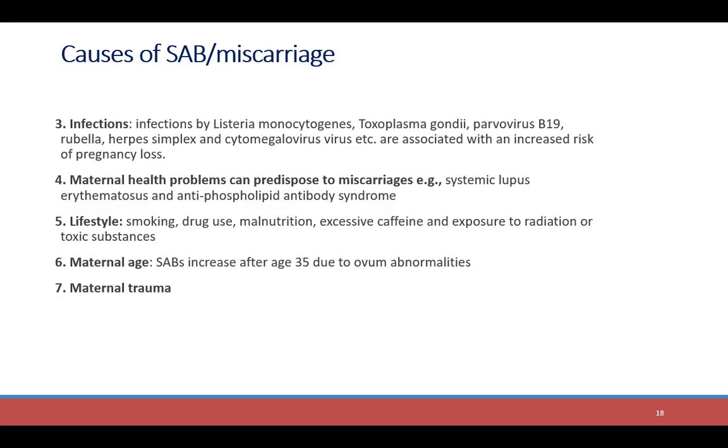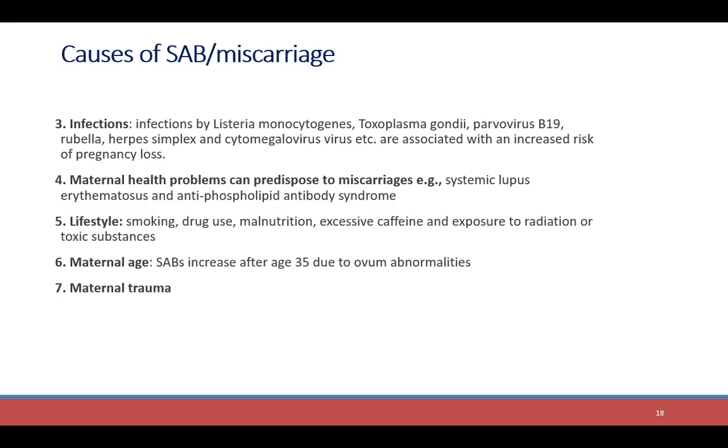Maternal health problems too: lupus can end with miscarriage, lupus nephritis. Antiphospholipid antibody syndrome is very well known to end with miscarriage. Lifestyle, drug abuse, smoking, and many other bad lifestyles can end with miscarriage.